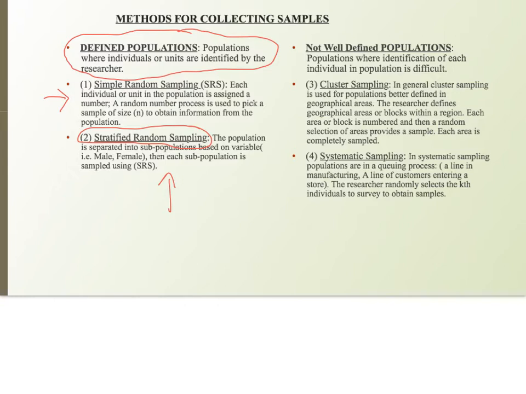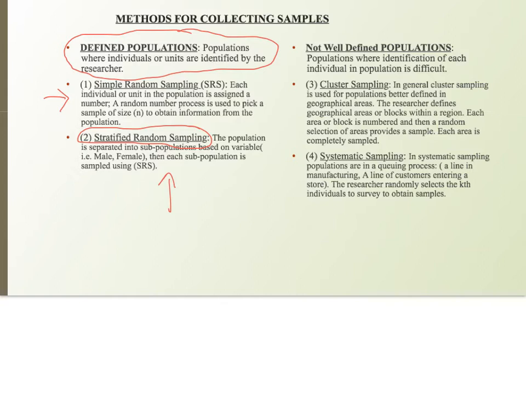Well, what happens when the researcher does not know the population very well? There has to be a sampling method for those situations, and there is. If the population is not well defined, that means that we don't know all of the individuals in the population, and that could happen if you're a field biologist.